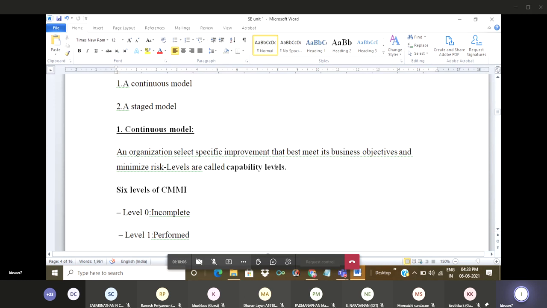If there is no improvement in the organization, we cannot give them a level. There must be specific improvement in the organization that best meets its business objective and minimizes risk level. If a particular company achieves this objective and minimizes risk level, the level may be increased.